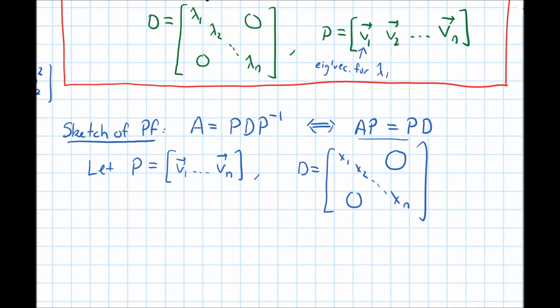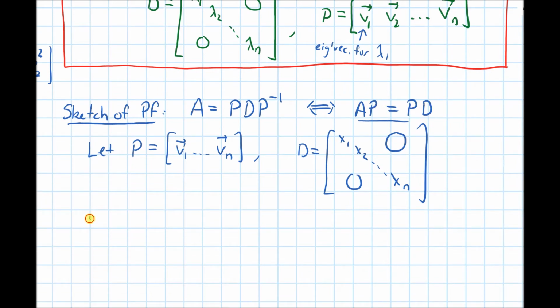All right. Now, if I look at the equation A times P equals P times D, let's compute both sides and then set them equal and see what that tells us. If I look at A times P first, the left-hand side, I'll write A, and then P written out in terms of its columns, V1 up until Vn.